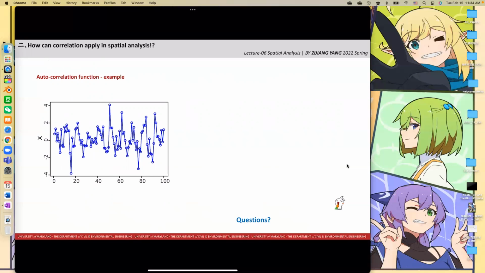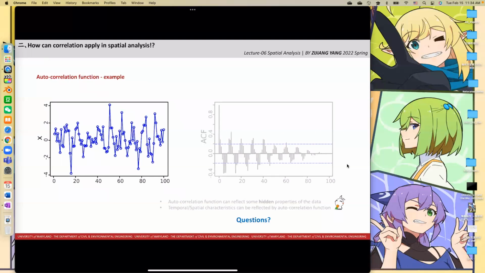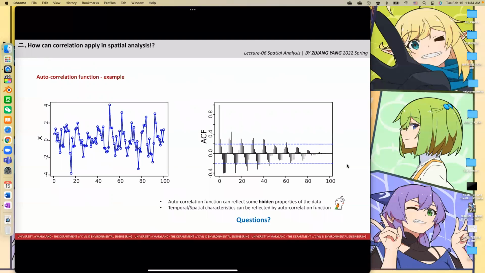But we can also calculate the autocorrelation function of this one. And the autocorrelation function is this. We can say this is beautiful, I think. We can see it has some oscillation. On the other hand, it's also decreasing gradually. So most of the data in practice will be something like this.